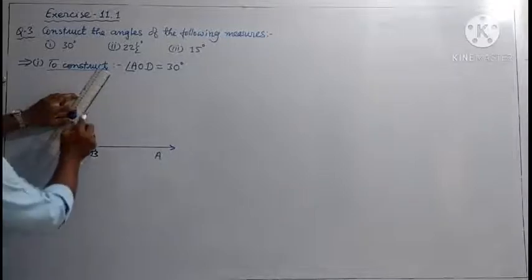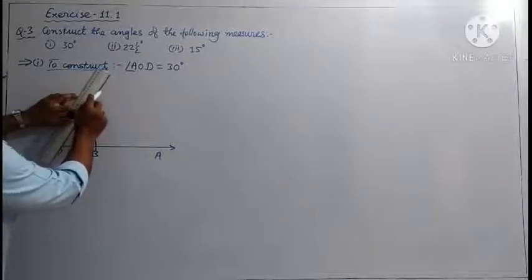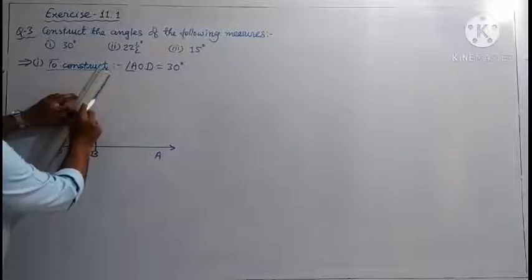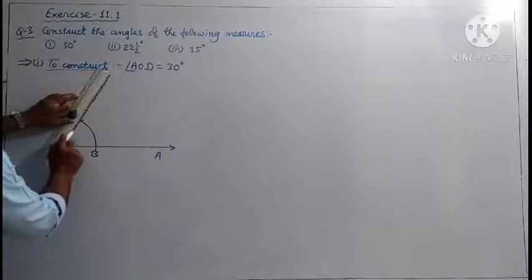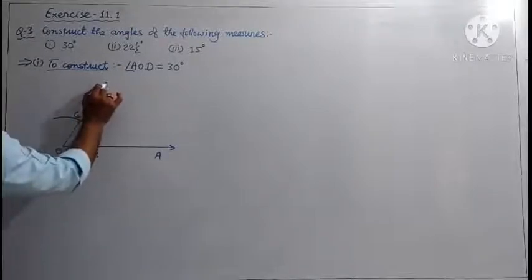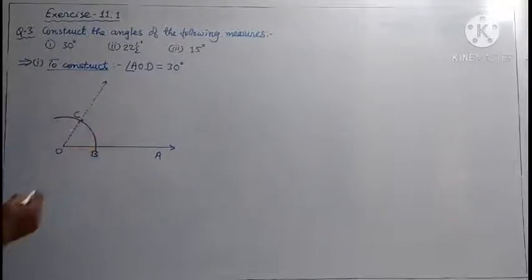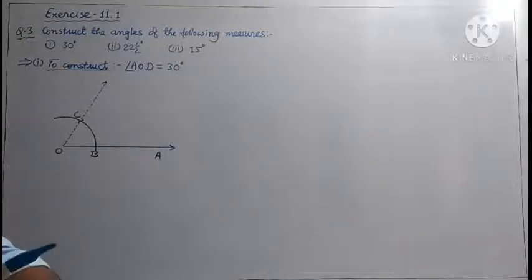So we have to draw bisector of 60 degree, that is half of 60 degree, that is 30 degree. So let us go for finally AOD.